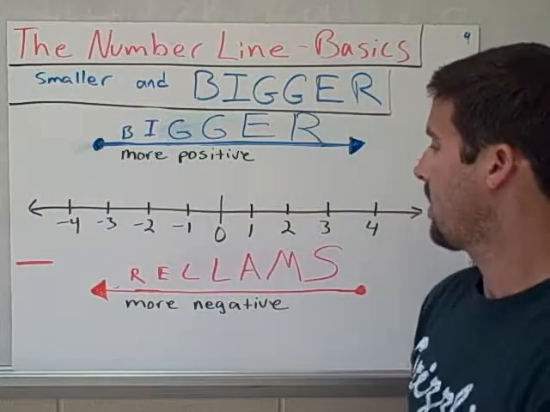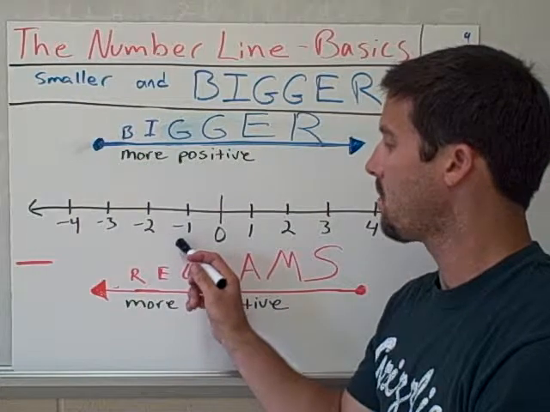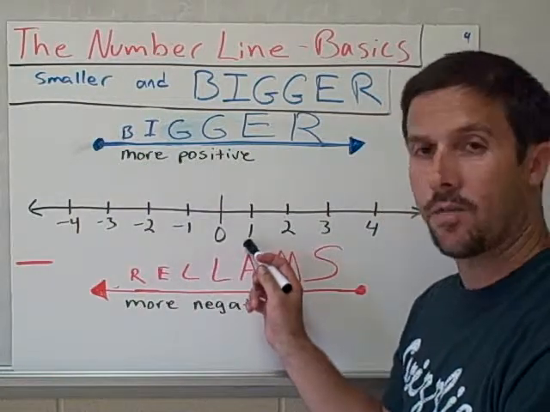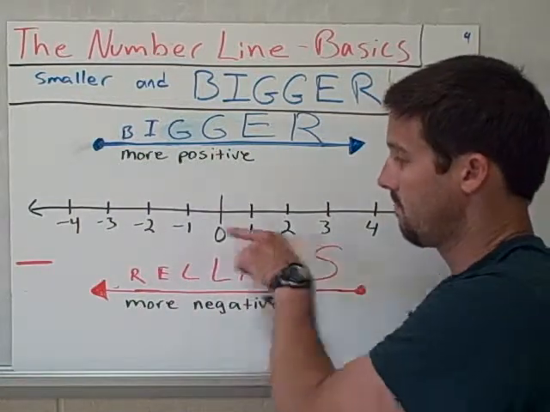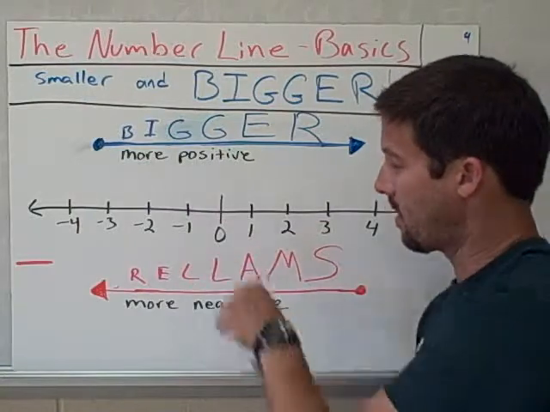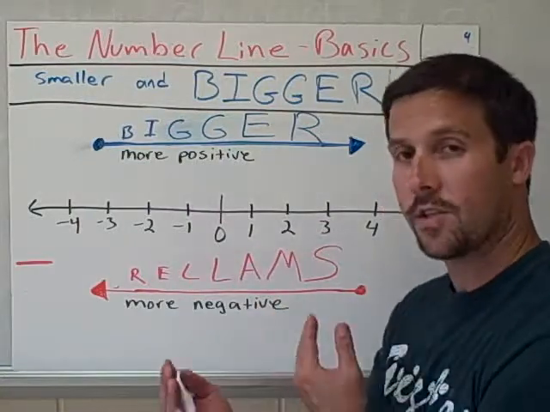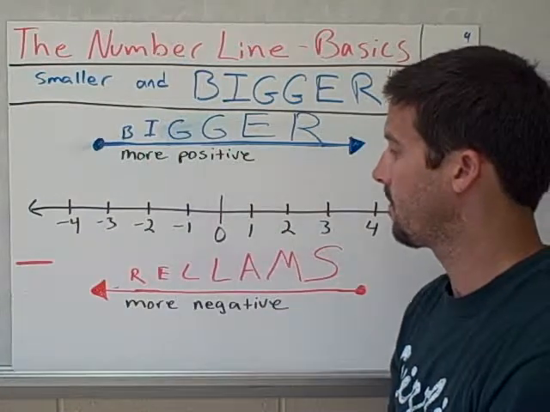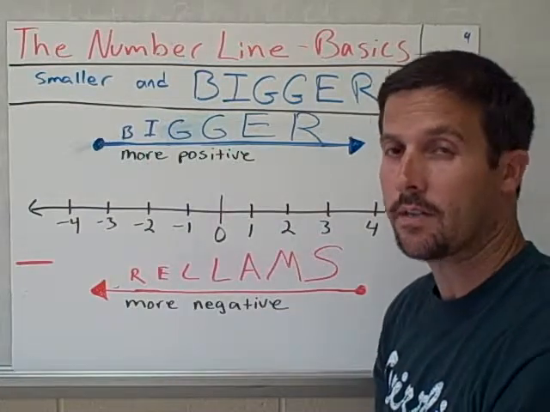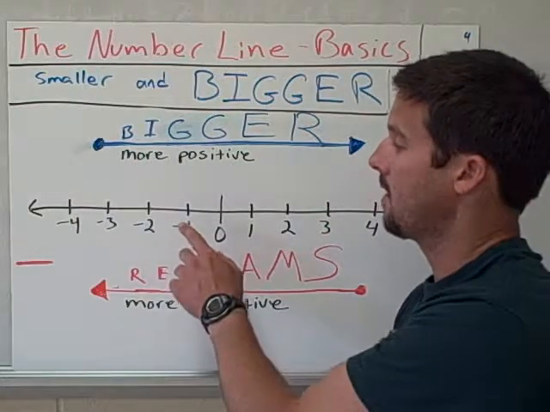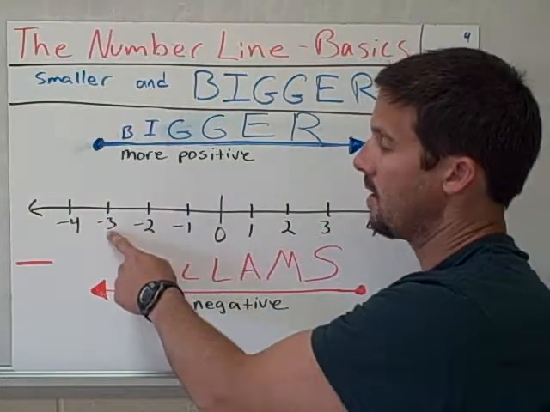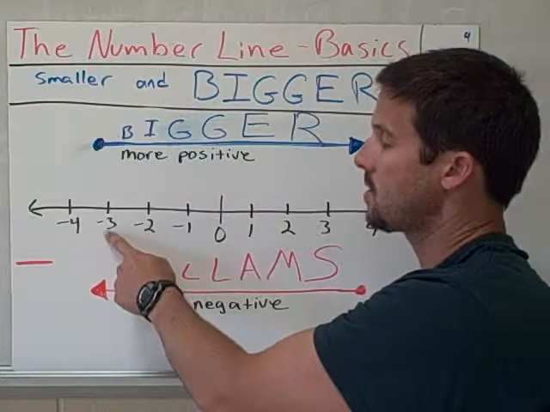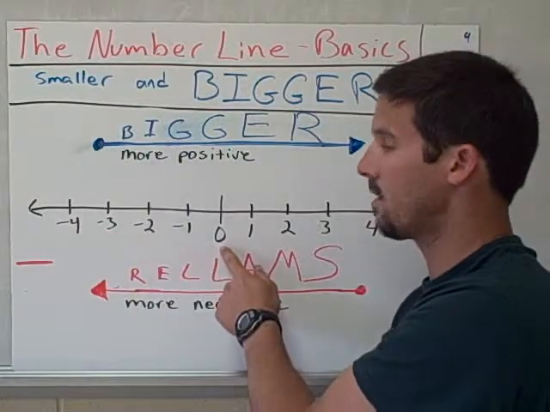We would say that -1 is smaller than the positive 1 because it's on this side of 1. And conversely, we would say 1 is bigger than -1. Now here's something really weird. We also say that this number -3 is smaller than 0.